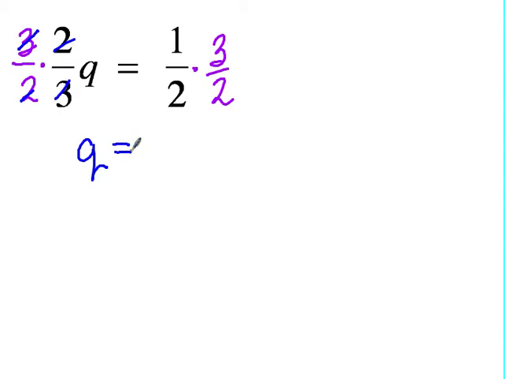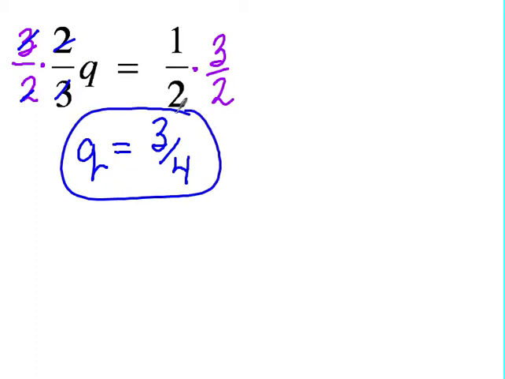On the right side, I have 1 times 3 on the top, 2 times 2 on the bottom. What fraction am I left with? 3/4. So all we're doing is multiplying by the reciprocal. It's the same thing as dividing, you're just cutting out a step.